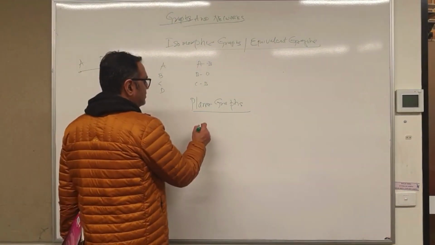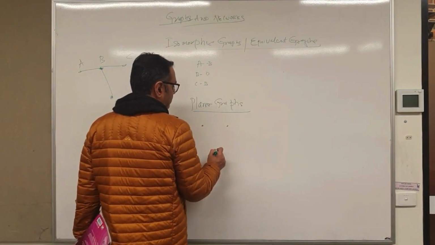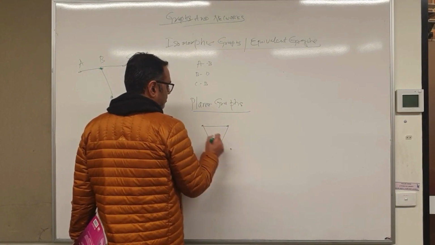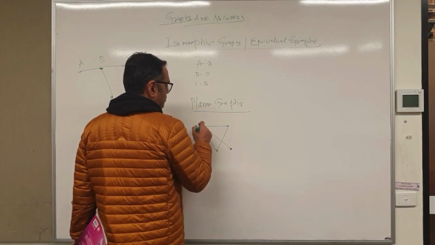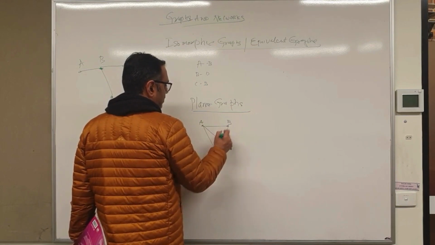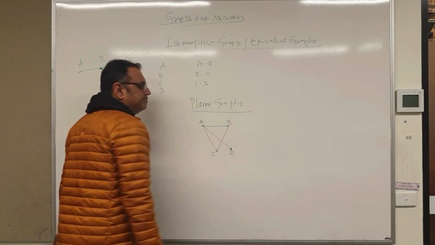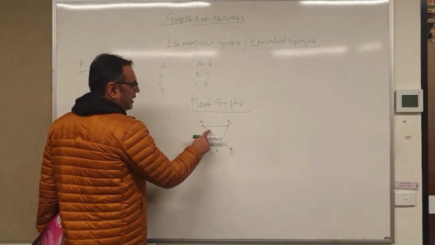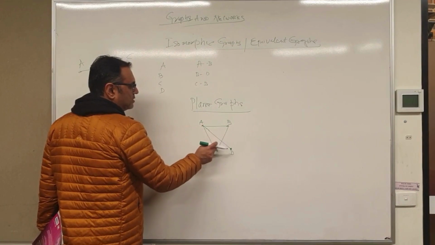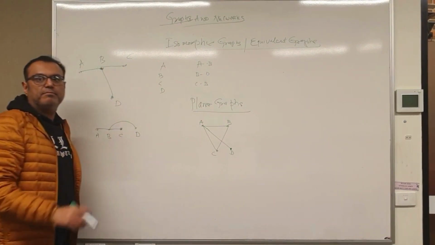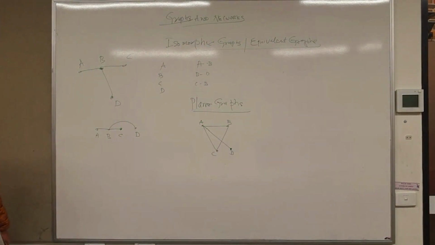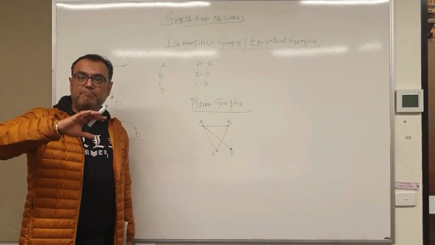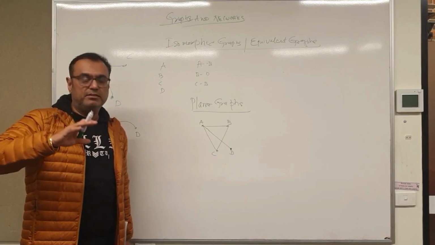So for example, you've got this graph here: A, B, C, D. Here what you'll see is AB is overlapping with BC, it's cutting, right? This is not a planar graph. Planar graph means you have very clear faces, very clear planes in it.